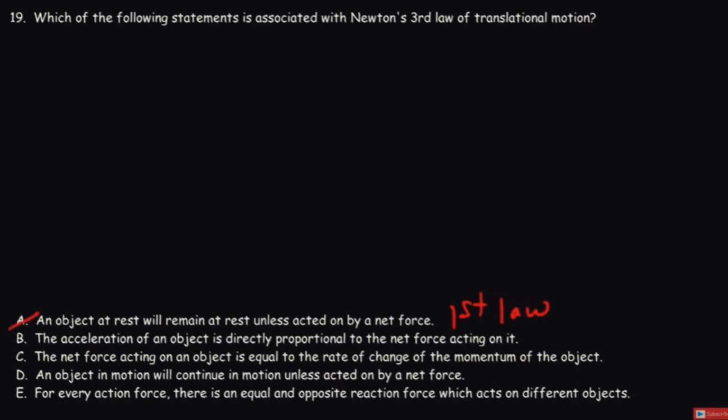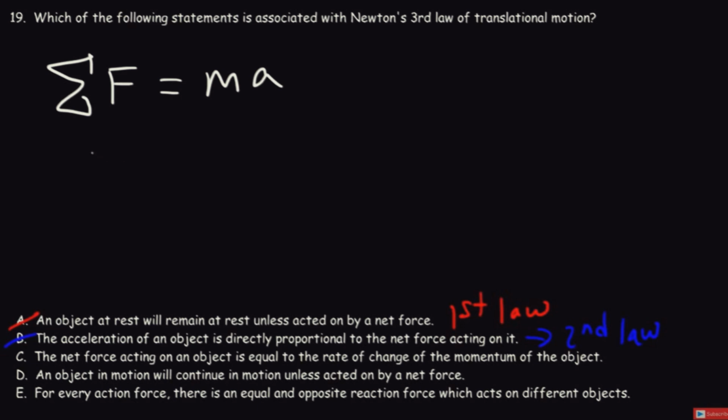So A is out. Answer choice B says the acceleration of an object is directly proportional to the net force acting on it. That's a true statement, and it is associated with the second law, not the third law, so B is out. This equation is associated with Newton's second law of motion: the net force is mass times acceleration.